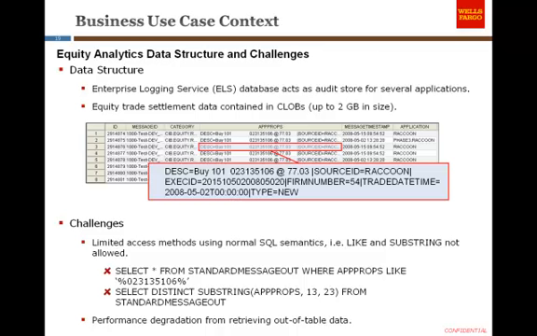Here we have an enterprise audit database sitting at the front of an internet-facing portal, and it's getting trades. It gets records from multiple systems, some which are trading, some which are not, and it has several columns. But the column of most interest is the app props column. That column is, I think, a blob or an image inside this database, and I saw it was defined to be 2 gig.